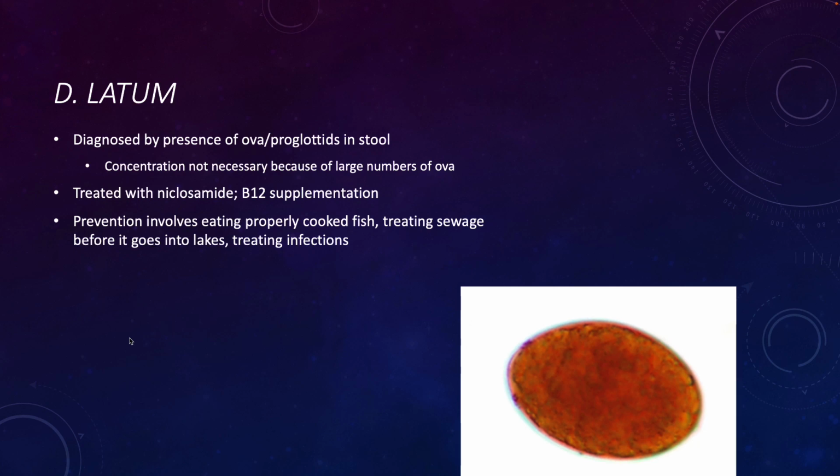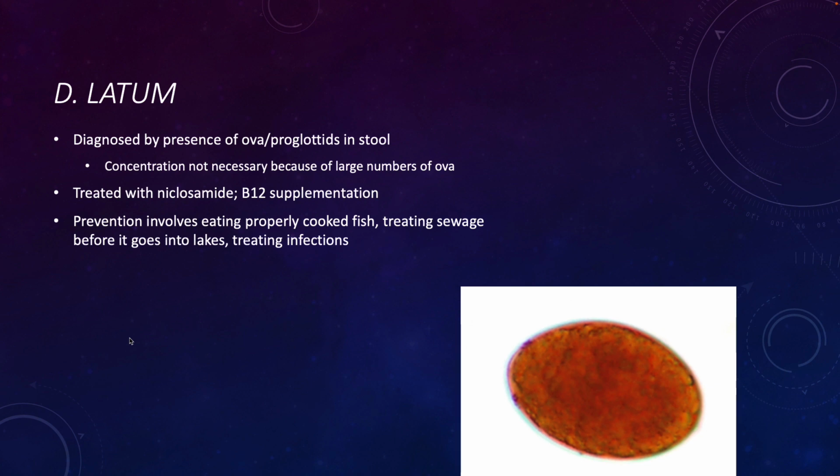The infection can be diagnosed by the presence of eggs or proglottids in the stool. Concentration of the stool is not necessary because, with 1 million eggs per day, there's plenty of eggs in there. It can be treated with niclosamide, which is one of the really common tapeworm treatments, plus B12 supplementation until the patient is able to recover from that.